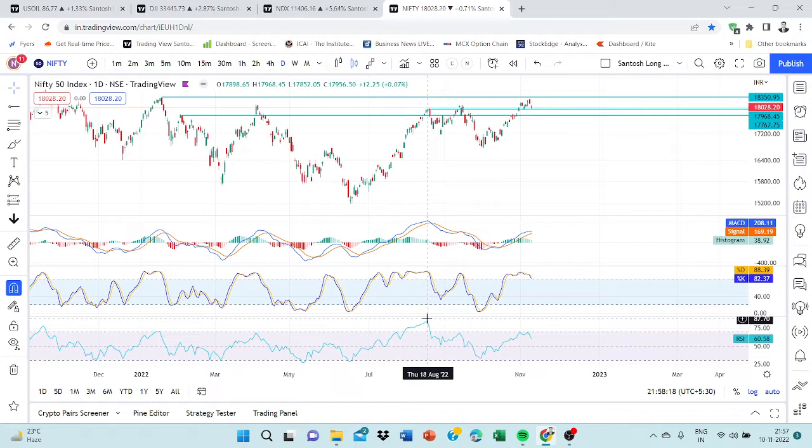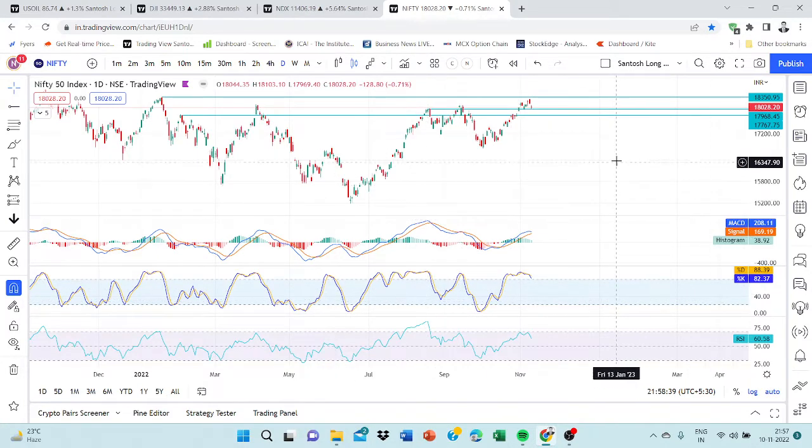There is also a divergence in RSI. You can see this high, then this high, and this high. There is a divergence over here in RSI and also in MACD.